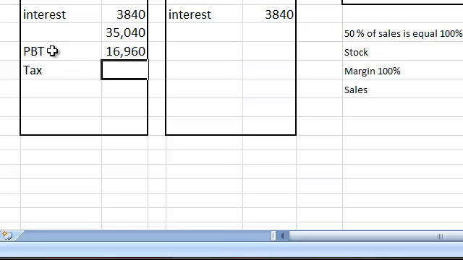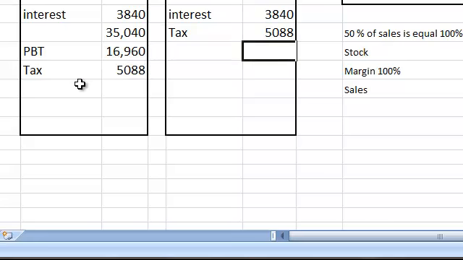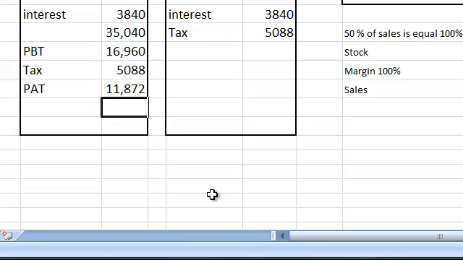Tax is equal to 30% of the profit, and let us assume that we paid the tax, 5,088. So PBT minus tax is PAT. So the profit available for distribution is 11,872 from the current profit.